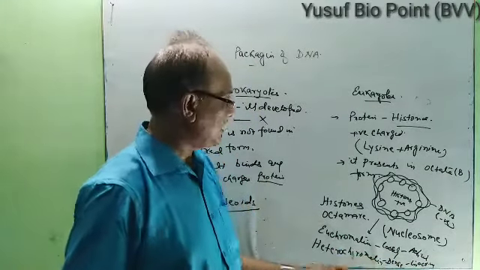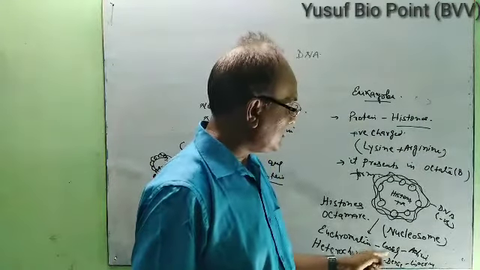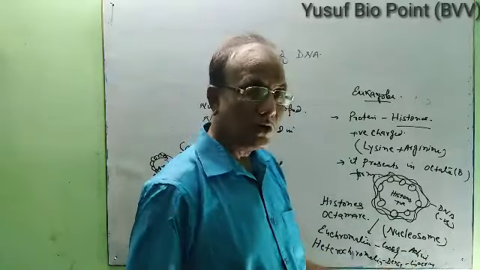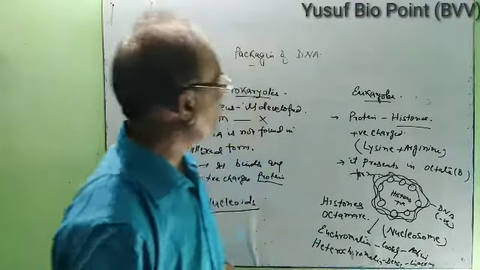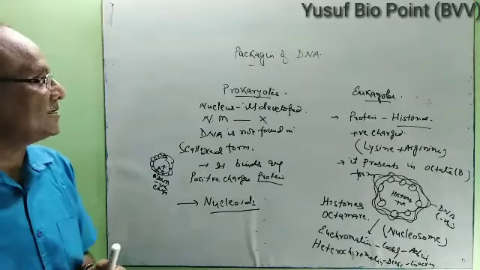One is densely arranged, so it takes dark stain and is known as heterochromatin. Euchromatin is active in nature, heterochromatin is low active or inactive in nature. So that is the salient features and the packaging of DNA.